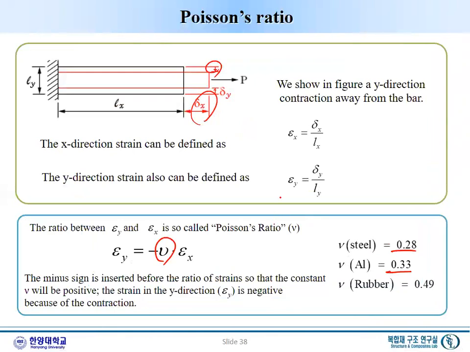So please pay attention. Let's say P applied, or sigma, P over A, we have a sigma. Certainly we have delta X over Lx. What is this? Epsilon, right? And sigma and epsilon, we have Young's modulus.